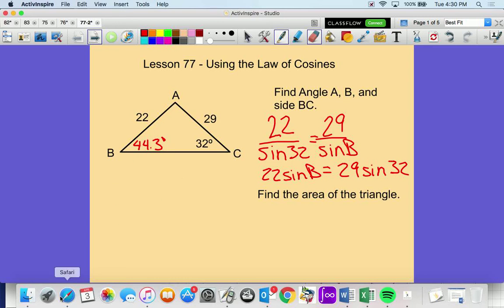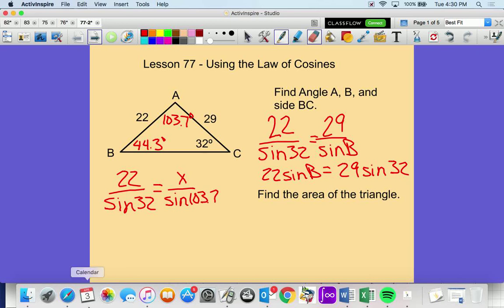So if we take 180 minus 44.3 minus 32, we get an answer of 103.7 degrees. And now that we have that angle, we can find this side by going 22 over sine of 32 equals x over sine of 103.7.